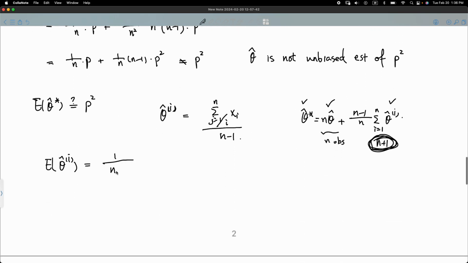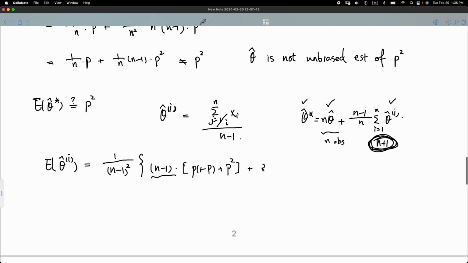So we have n minus 1 squared, and then n minus 1 copies of p(1 minus p) plus p squared. Each of them involves n minus 1 observations, so we have n minus 1 observations multiplied by the variance plus the square of the first moment.